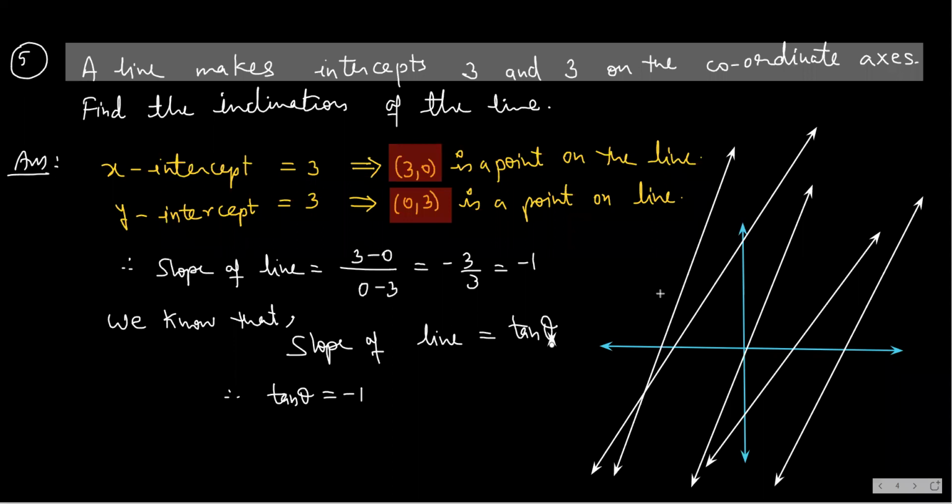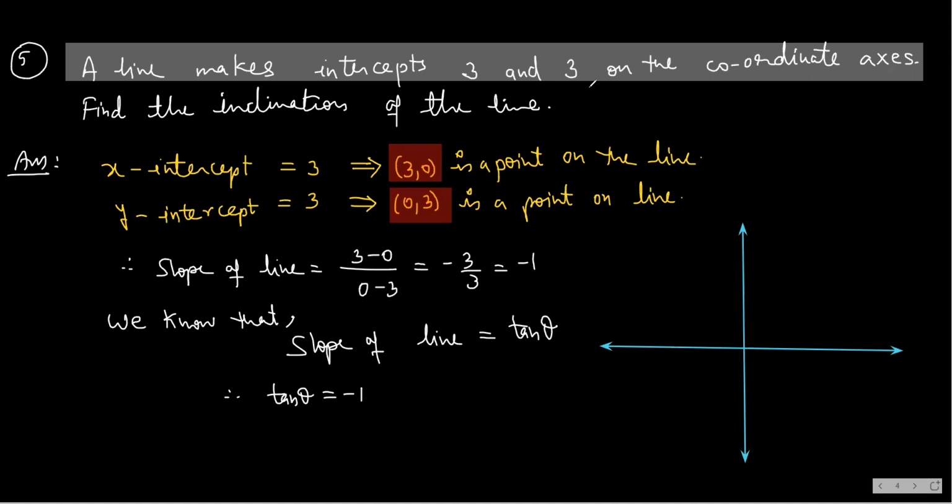Once again, students, all these lines have inclination lesser than 90. You can check, these angles are all less than 90. So what way is our line? Our line has inclination more than 90. This theta is more than 90. That is why tan of theta is coming negative. It means the line we are concerned with is this way.